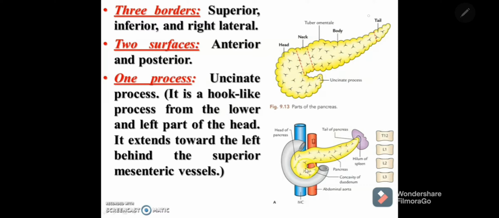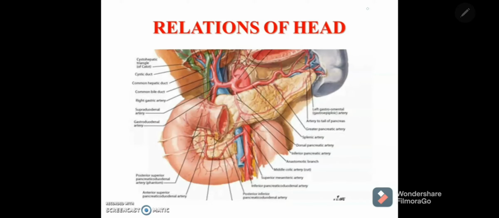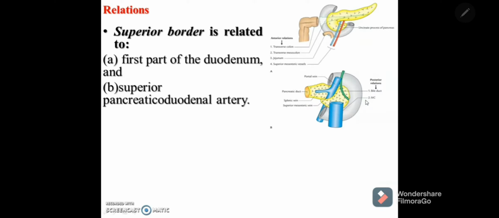So it presents three appreciable borders, two surfaces and one process, and you can notice the head is in the concavity of the C-shaped duodenal loop, and the upper border is related to the first part, the right border to the second part, and the inferior border to the third part of the duodenum.